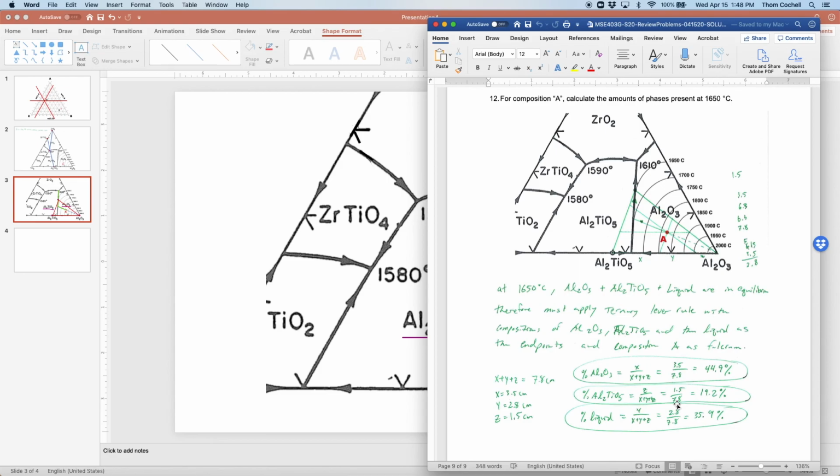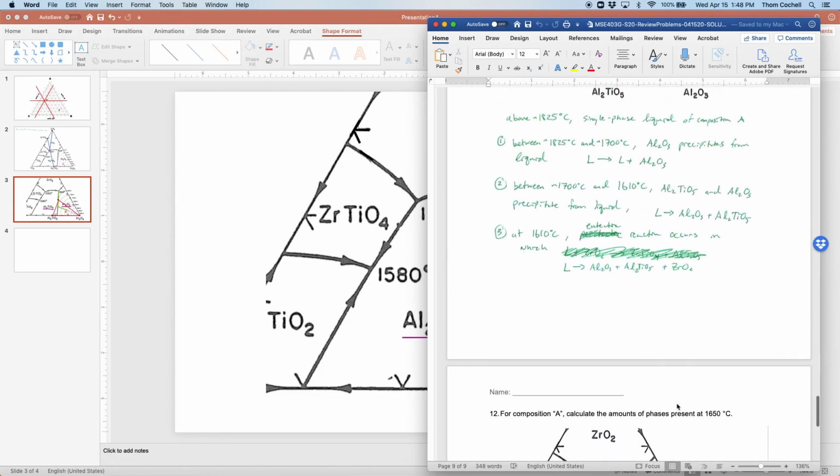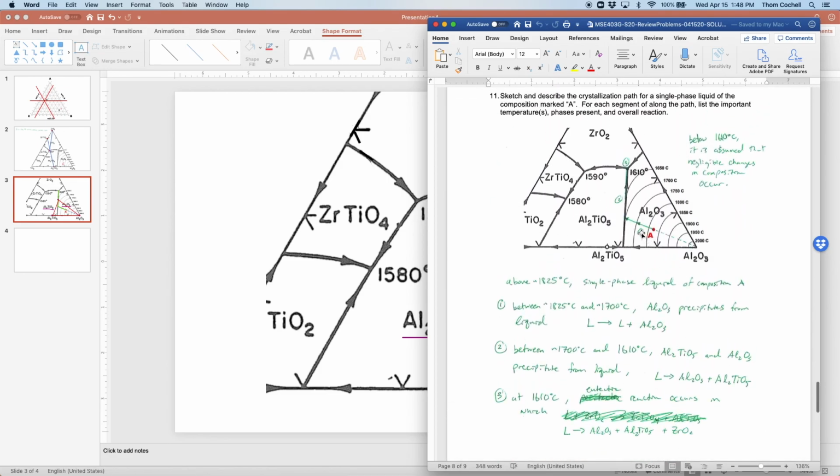If it asks me a question about section 1 here of the crystallization path, I know that I have 2 phases present, Al2O3 and liquid, and so I can use the binary lever rule. You can go back and look up how to do that in the slides.